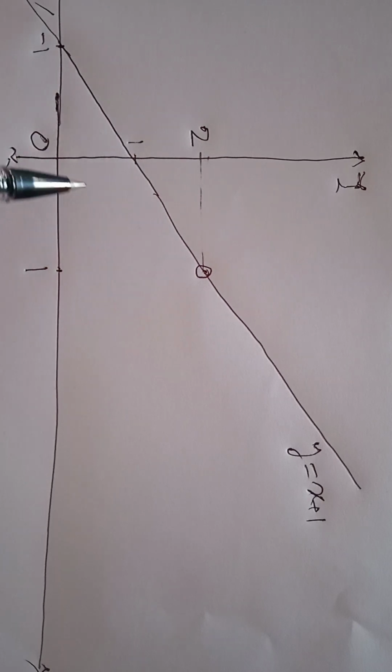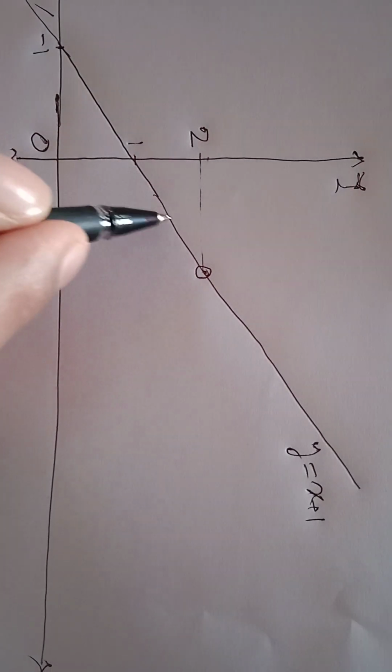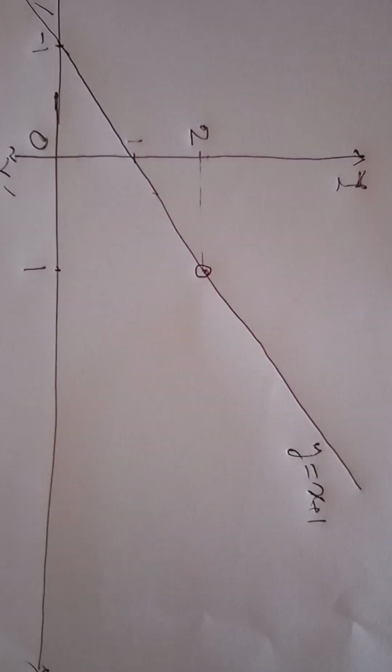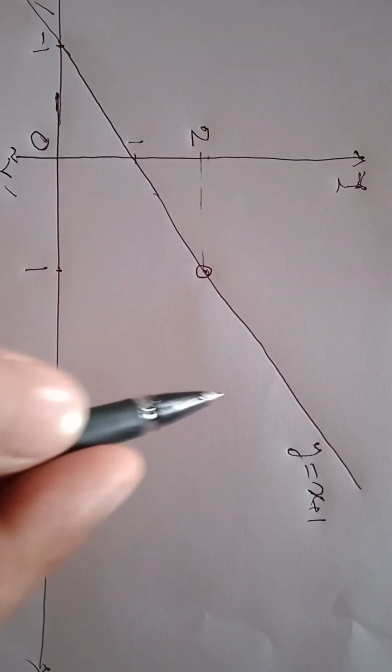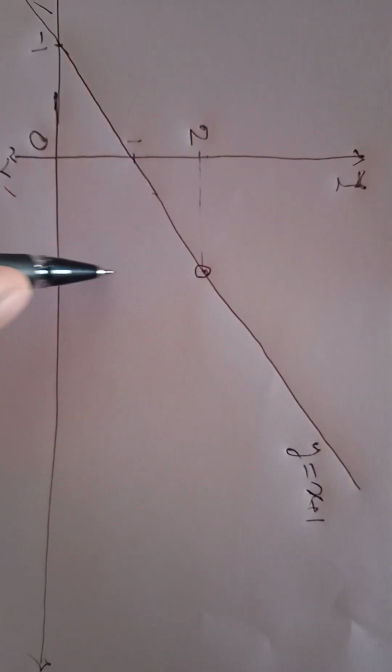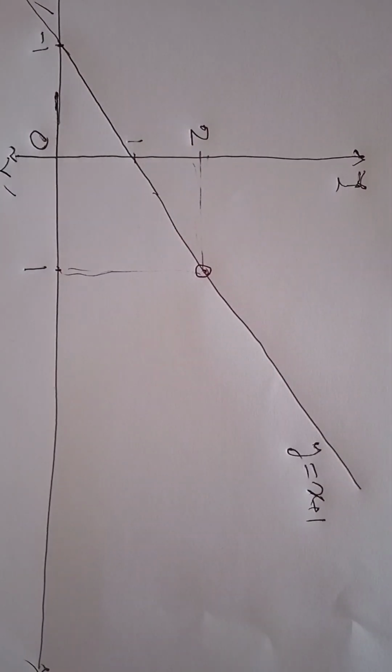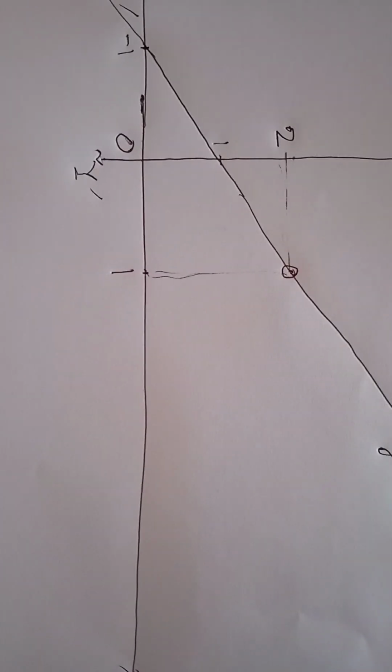But when x approaches 1 from any value less than 1 or greater than 1, we see that f(x) approaches 2, or y approaches 2, and this near value is the limit value of this function.